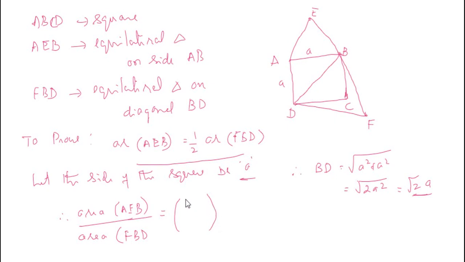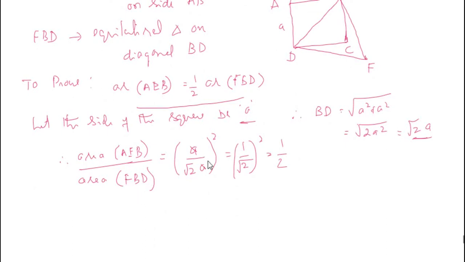What is the side of triangle AEB? That is A. What about triangle FBD? That is root 2A. A cancels, so this becomes 1 by root 2 whole square, which is equal to half.